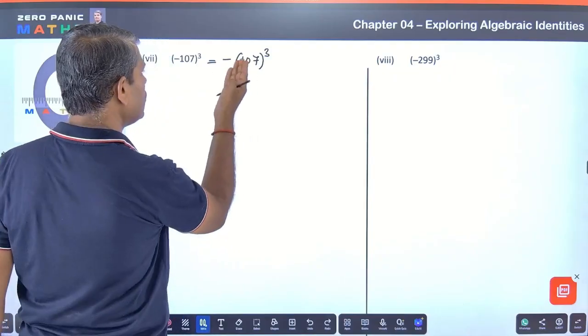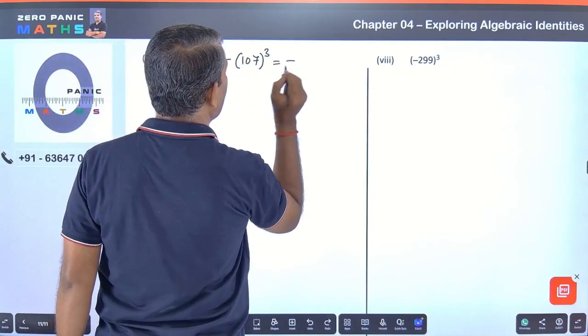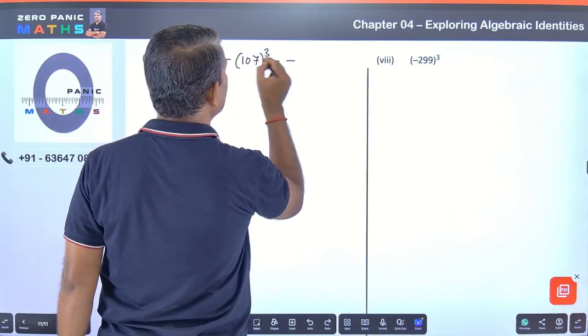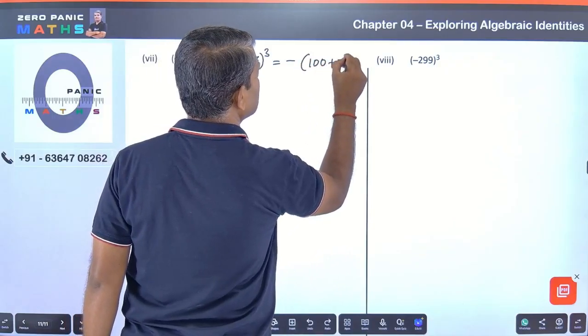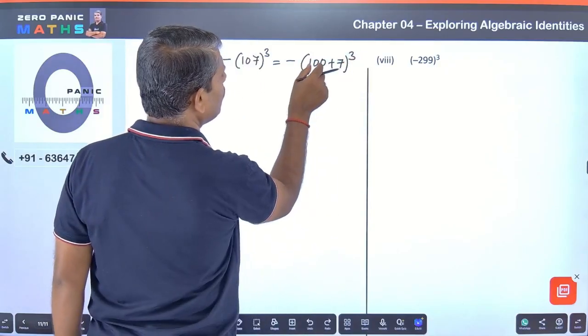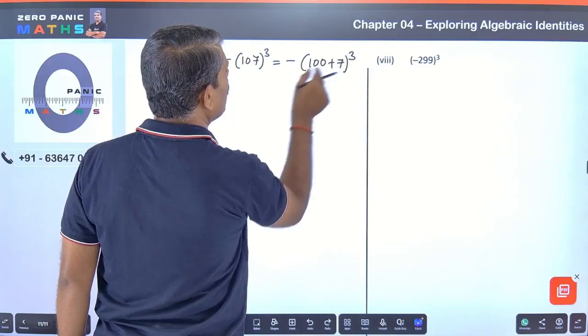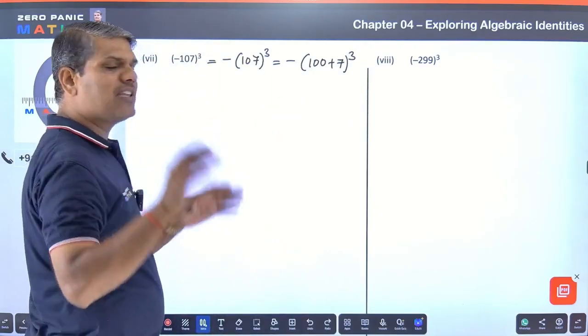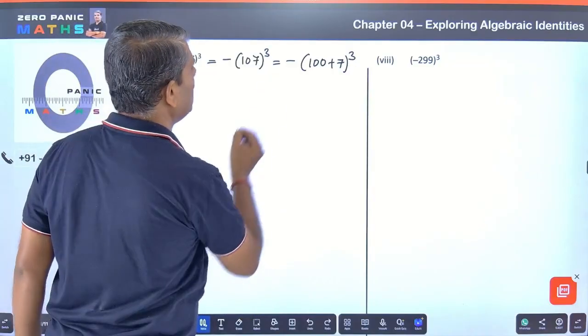That's why I'm able to take the minus out, write minus as it is, and write this 107 as 100 plus 7, (100 plus 7) whole cube. Now you do that, 100 plus 7 as (a plus b) whole cube, and keep the final answer with the minus symbol.